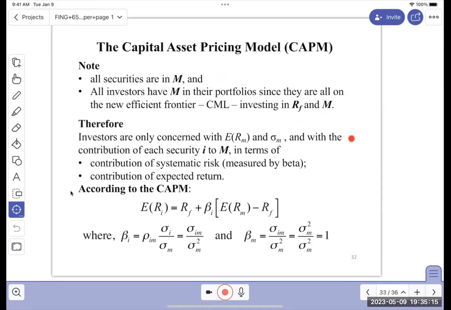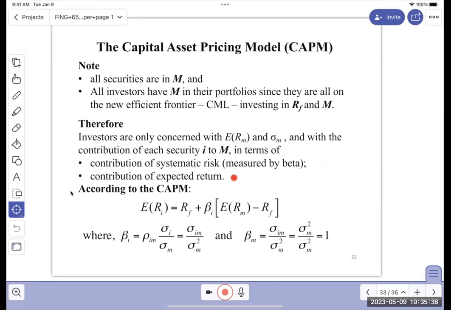Therefore, investors are only concerned with the expected return on the market portfolio and its standard deviation, and with the contribution of each security to the market portfolio in terms of its contribution of systematic risk and its contribution of expected return.